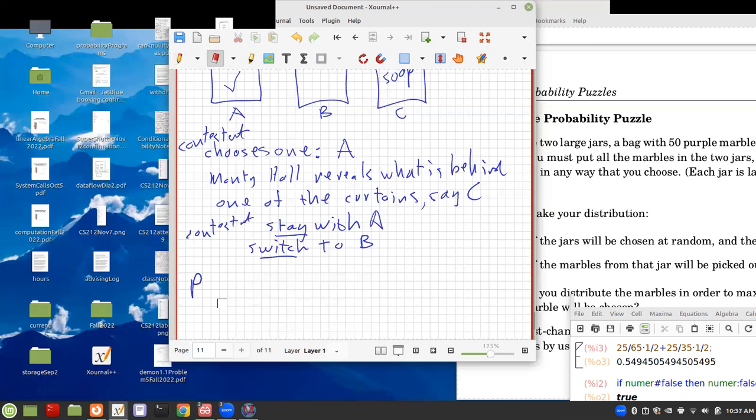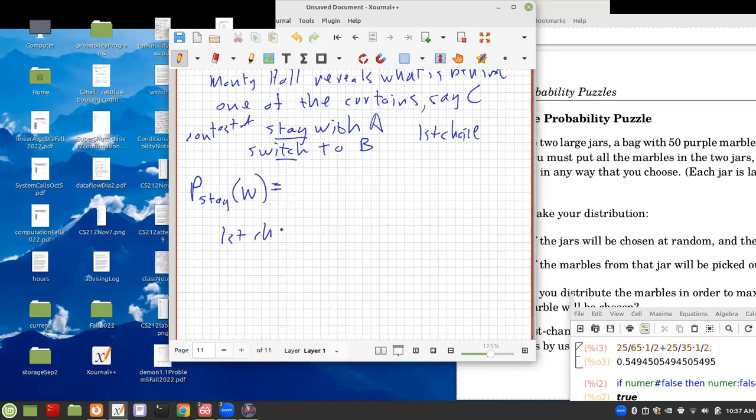We can divide it: the person's made a first choice, and that choice is either right, that is, they win if they stay, or wrong.